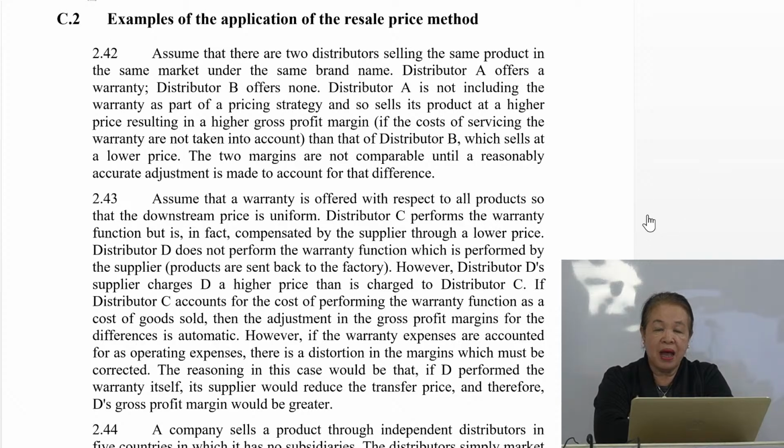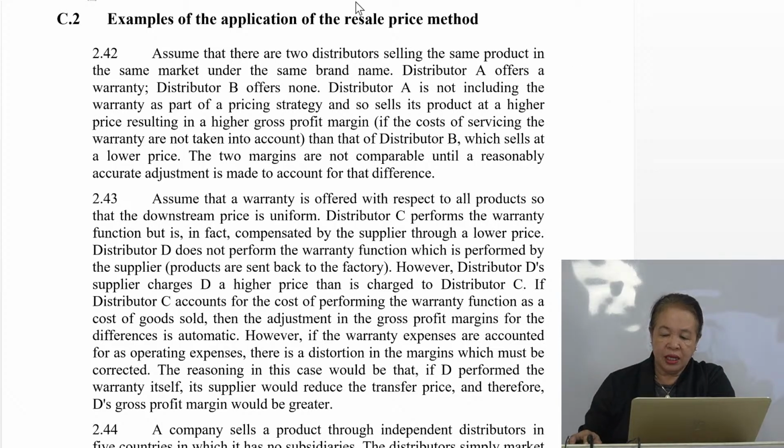Products are sent back to the factory. Ibig sabihin, kung defective. However, distributor D's supplier charges D a higher price than is charged to distributor C. So if distributor C accounts for the cost of performing the warranty function as the cost of goods sold, then the adjustment in the gross profit margins for the differences is automatic.